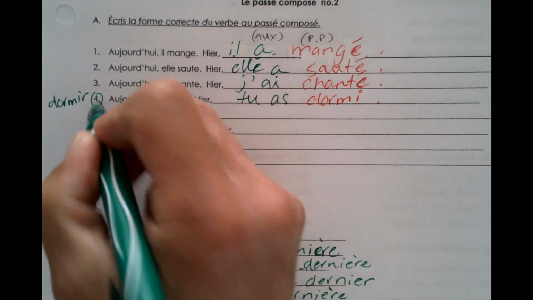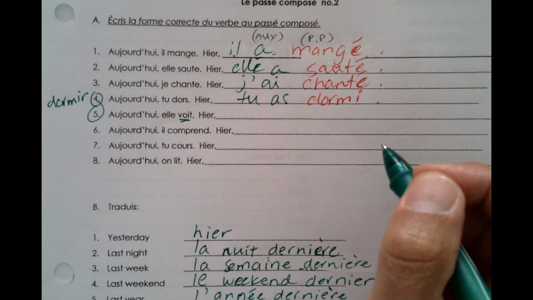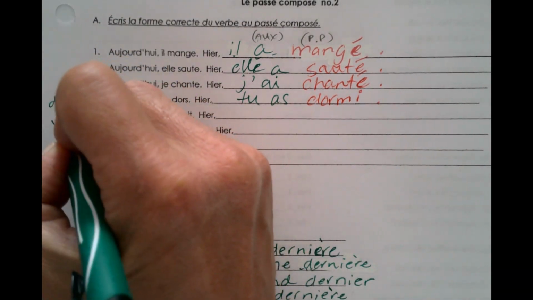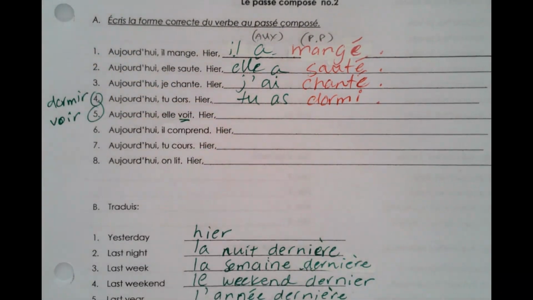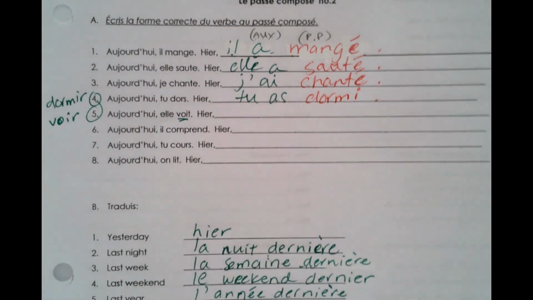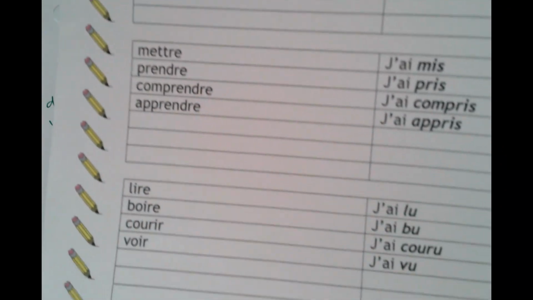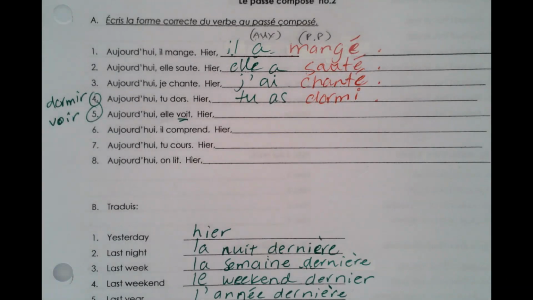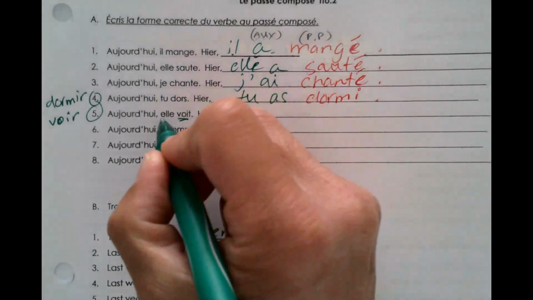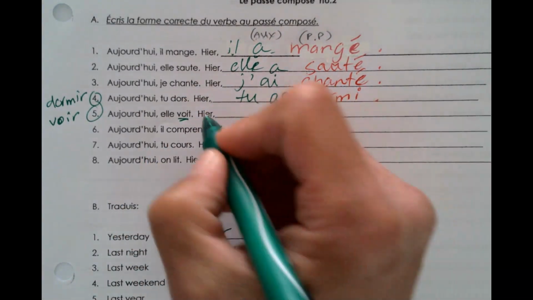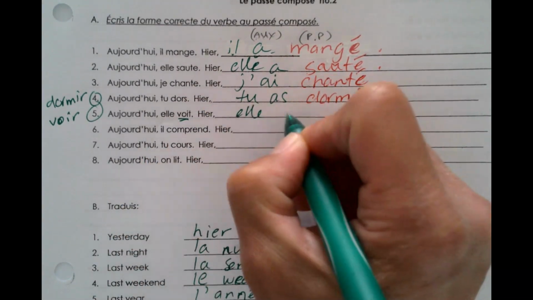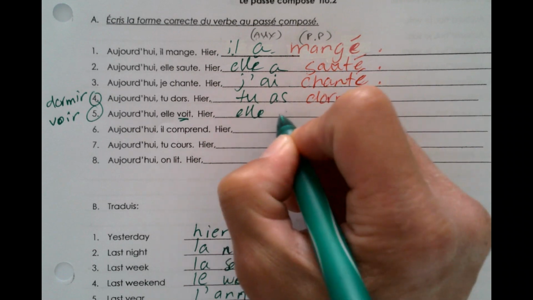Here, this is an irregular one. I know it looks like an IR verb, but it's not. It's voir. This is where you need this sheet. This is where this sheet comes in real handy. There's voir right there. It is an irregular. So we say, today she sees, elle voit. Hier, yesterday, elle, what's this one again?